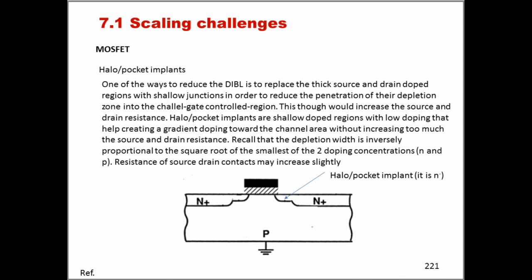And the idea is extremely simple. Effectively, as you approach the channel, the highly doped drain and source regions have to be graded. So they have to be ideally extremely shallow in the vicinity of the channel area, and then they can become thicker and thicker as we move away from the channel.